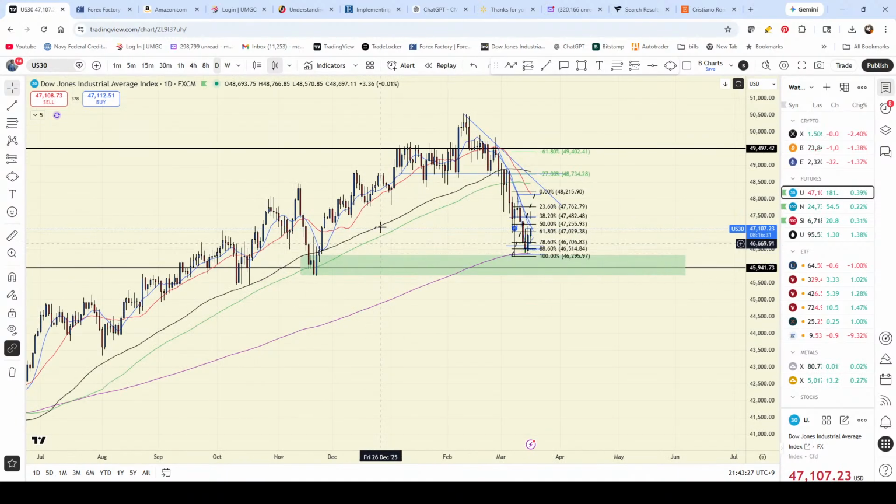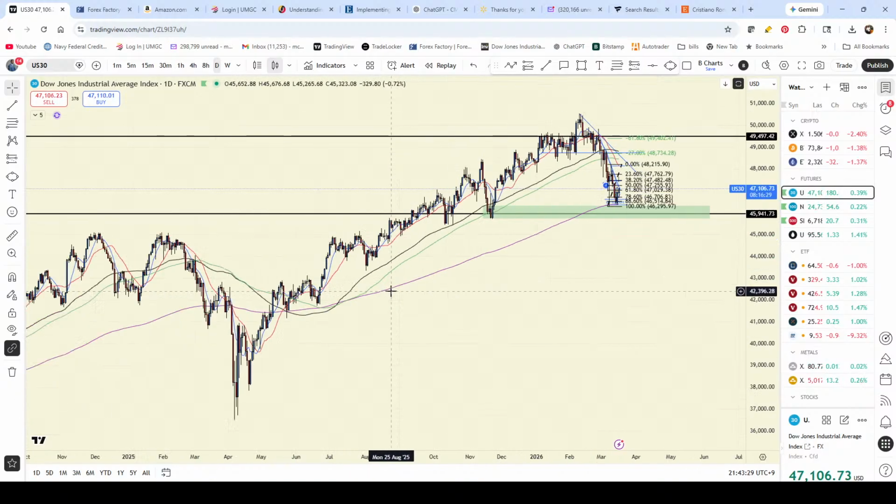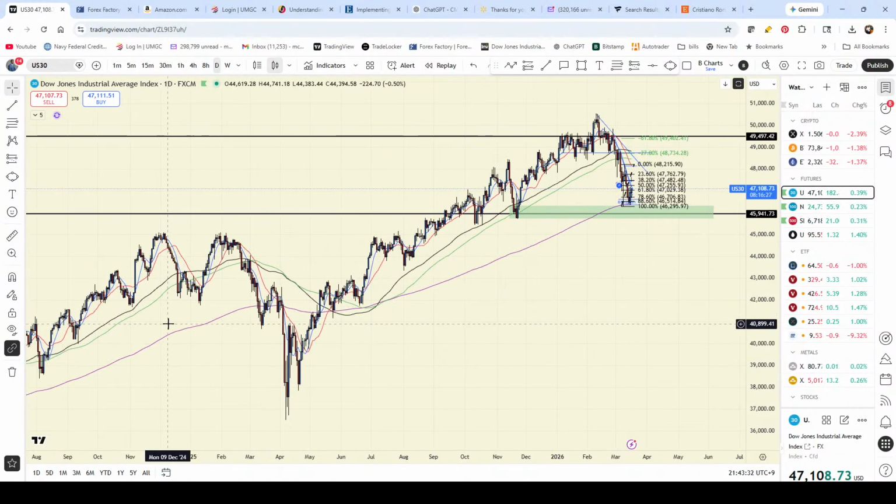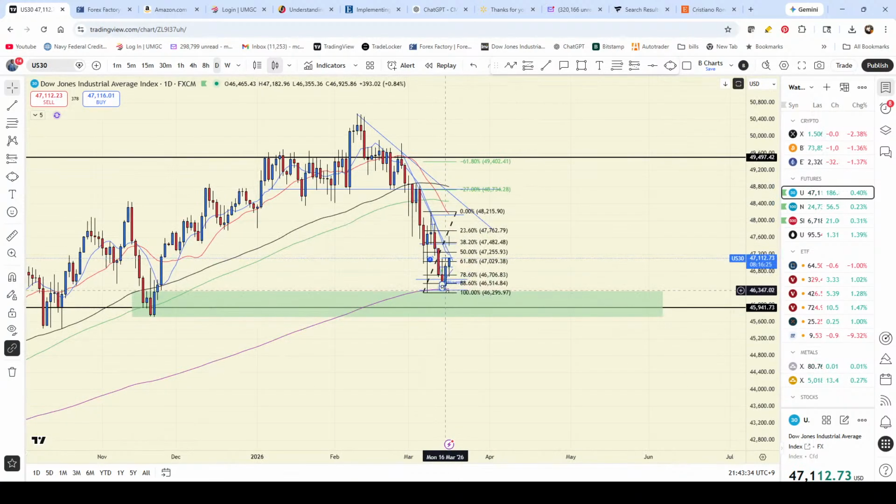My mentor, he had the first two, but I added this one because I see price sometimes does come back a little bit deeper than these moving averages. And right here, you can see price is respecting it. We have this order block or zone right here, demand zone.